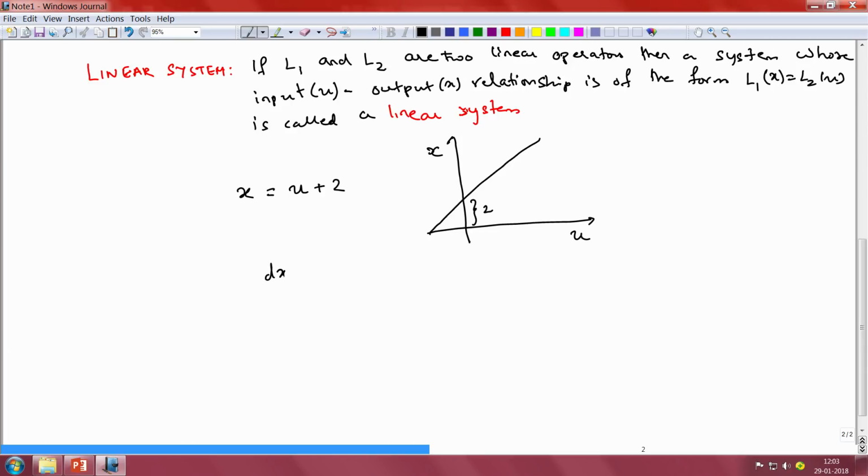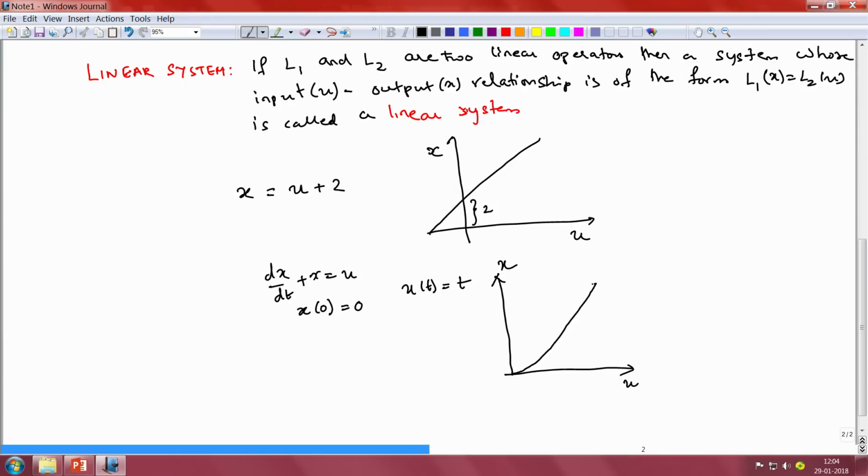Likewise, if you were to take another example, let us say I have a system of the kind dx by dt plus x is equal to u, and I start with 0 initial condition and I provide a ramp input to my system. If I were to plot the input versus output relationship a few instants after applying the input, the relationship would look something like this.